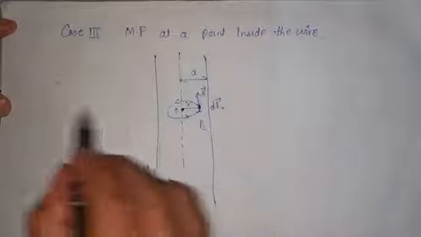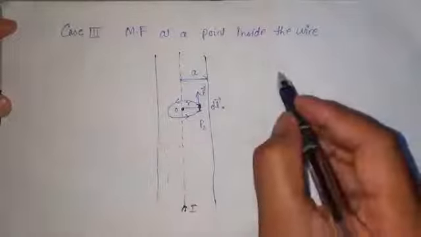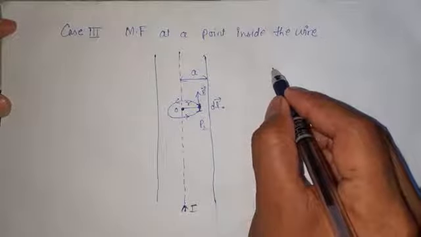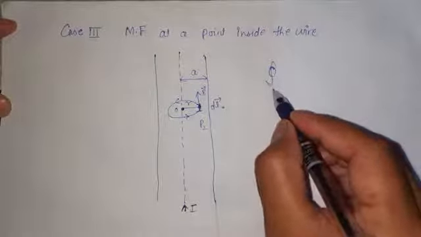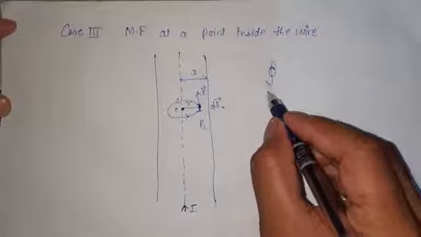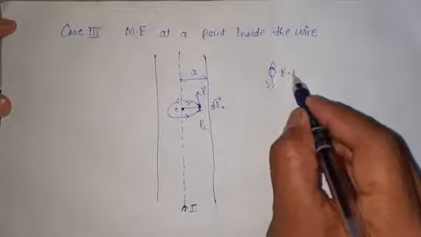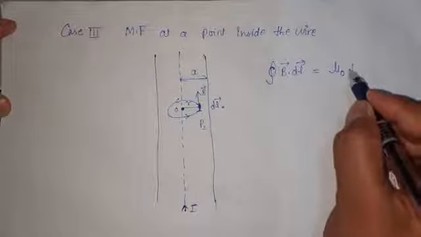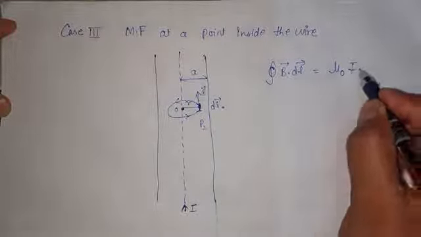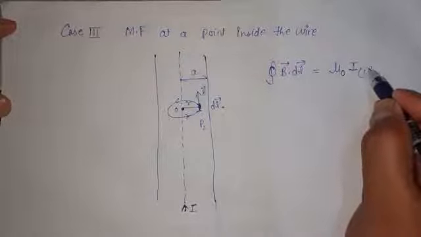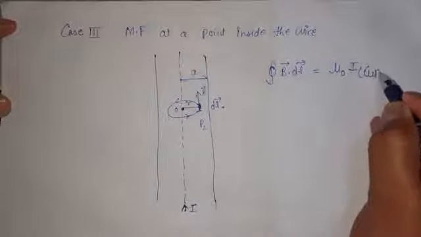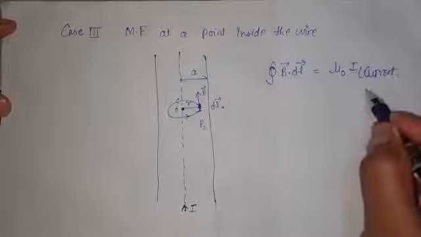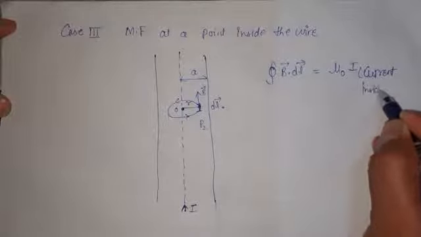So we can write from Ampere circuit law that the line integral of the magnetic field on the closed loop is equal to mu naught I. What is I? It is the current inside the loop.